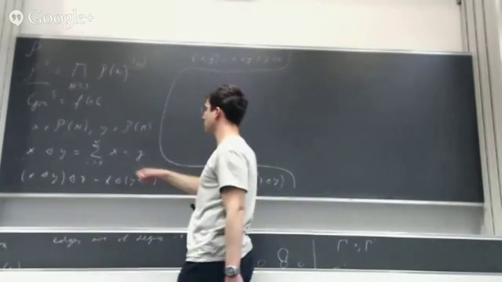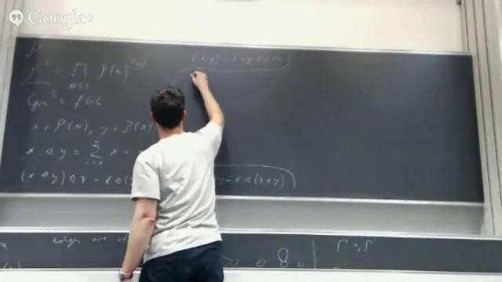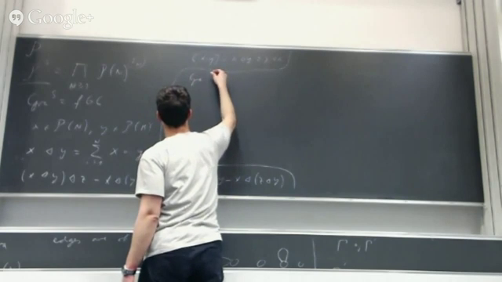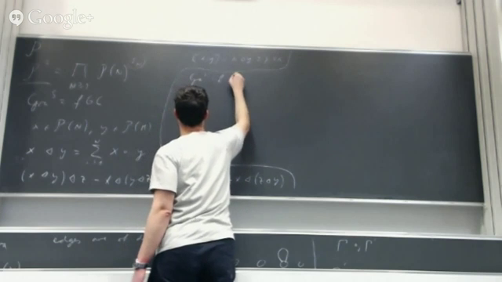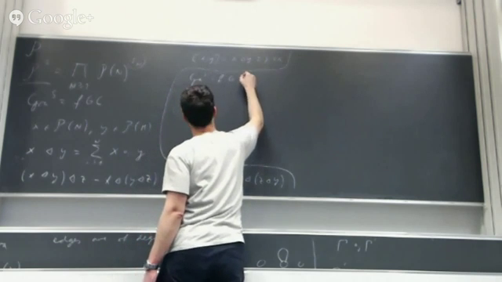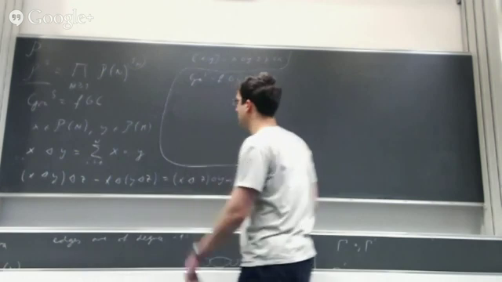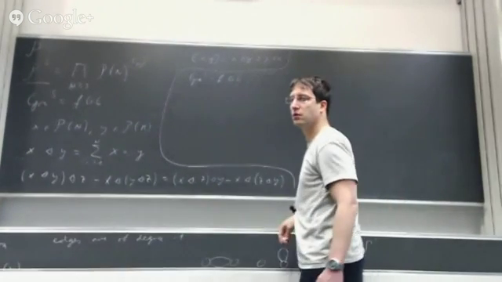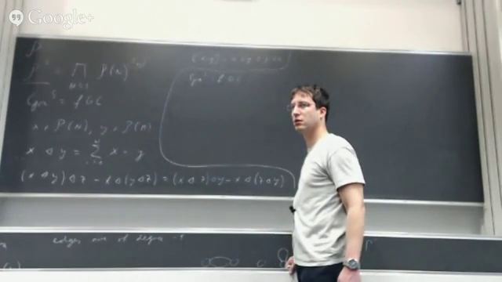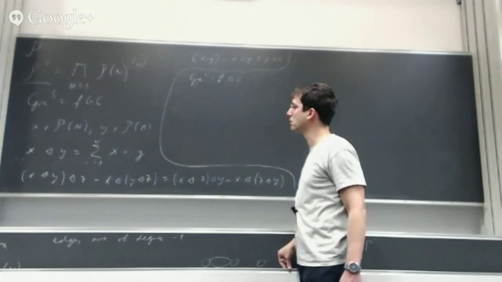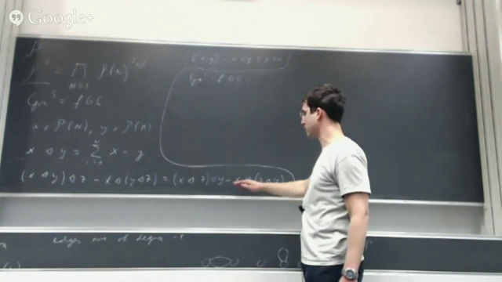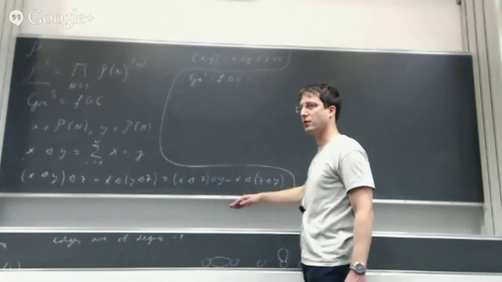So what is the full graph complex? First I define this and then I take invariants.